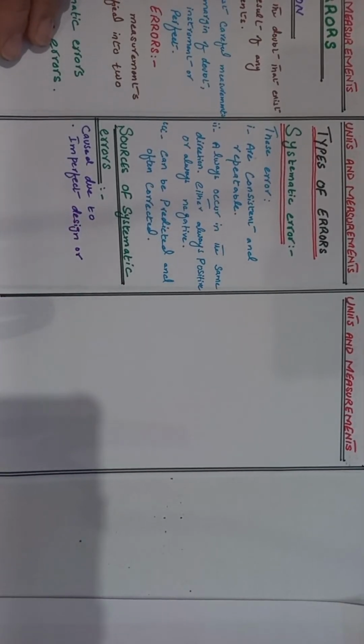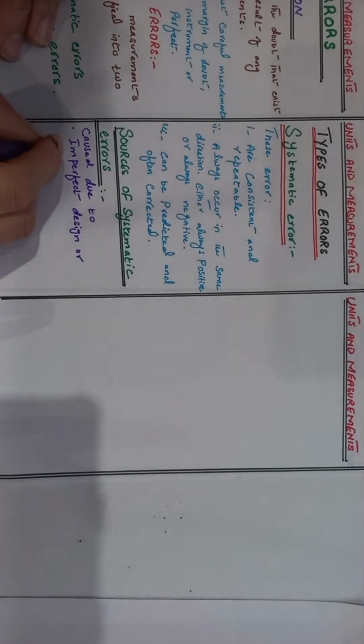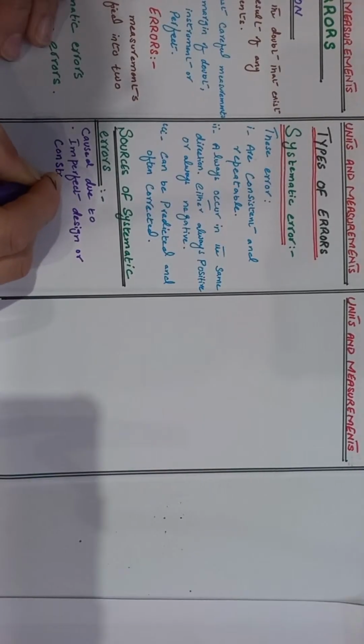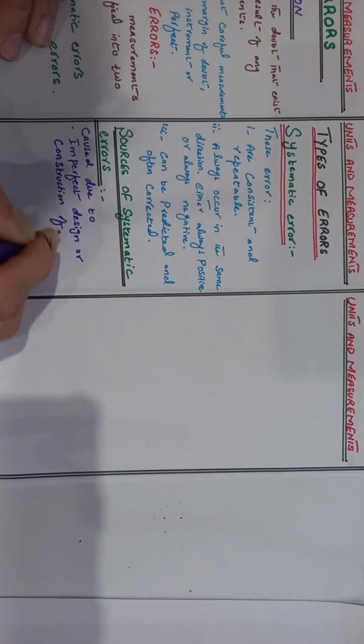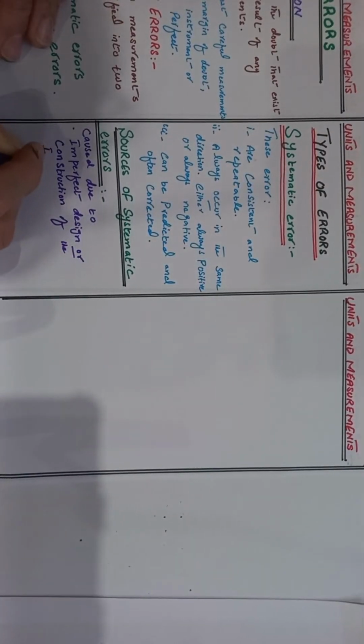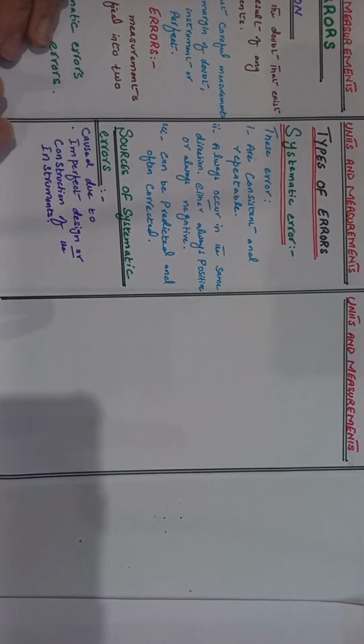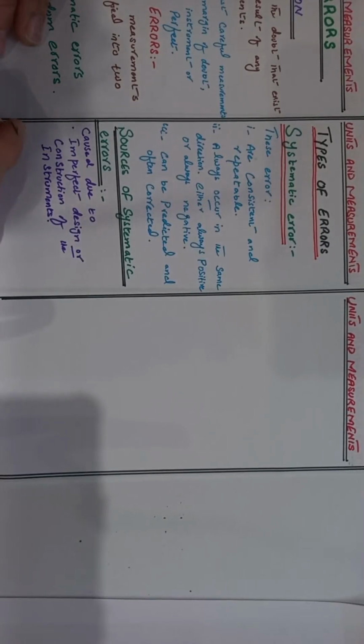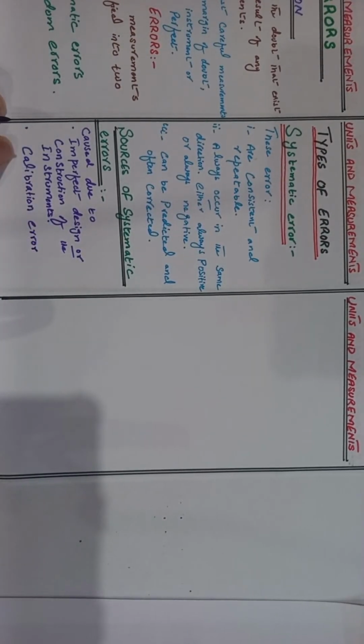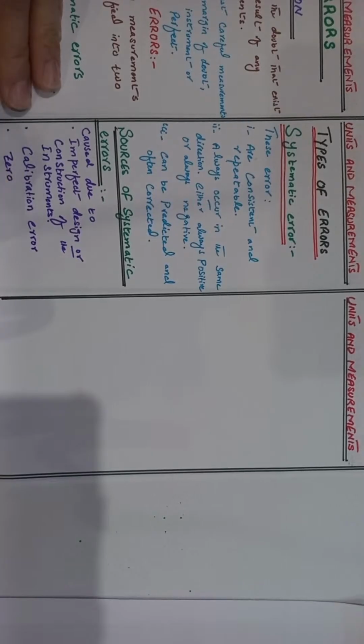or construction of the instrument, calibration error, and third is zero error, which cause the systematic error.